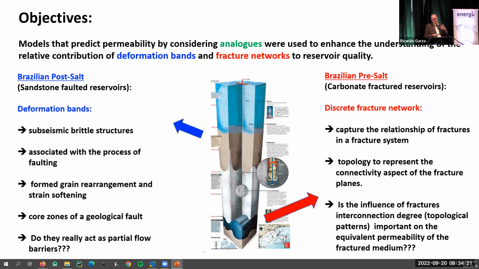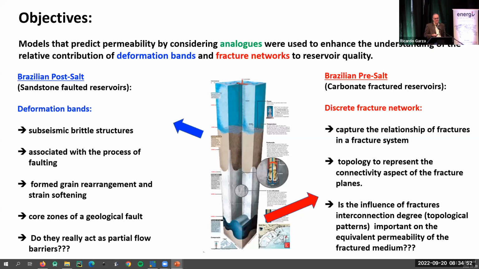In our conceptual model of a geological fault, we have a core zone surrounded by damaged zones of fractured rocks. The question we would like to answer is: do they really act as partial flow barriers? To answer this, we are going to perform flow-based upscaling of a very high fidelity model of the deformation bands based on the analogs.